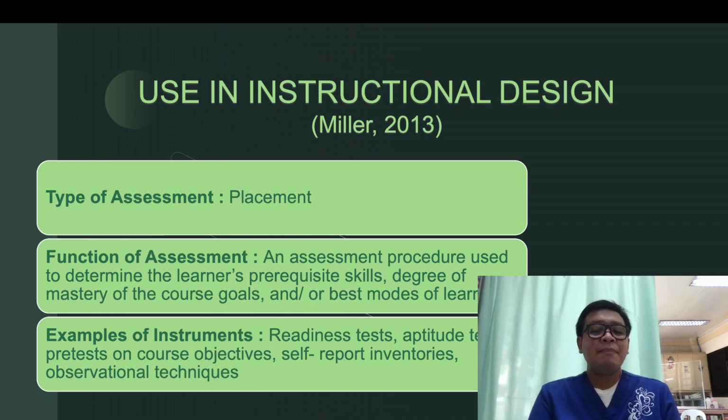Next are aptitude tests. These are tests given in schools to determine the knowledge of the students. Pre-tests on course objectives are very important, as I mentioned in the previous slide. Self-report inventories and observational techniques are some other examples for placement.